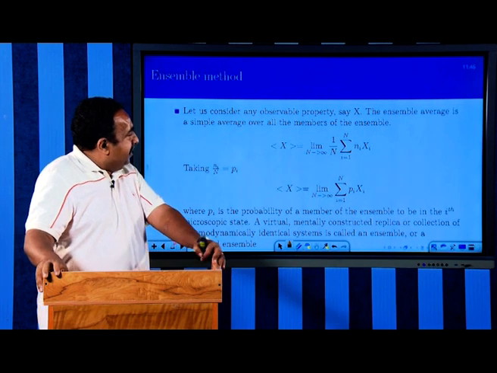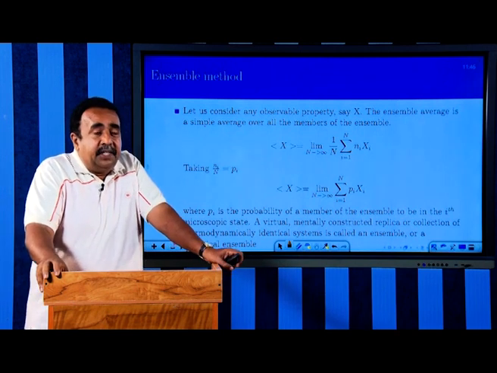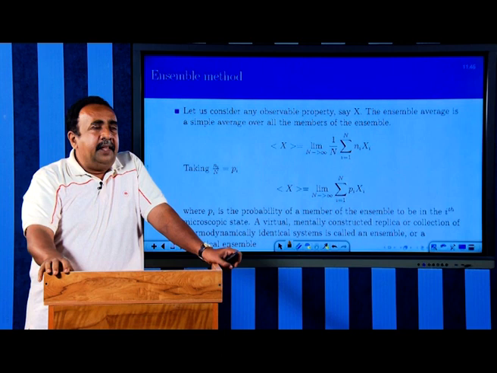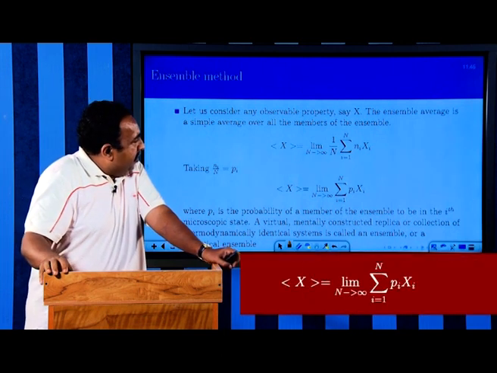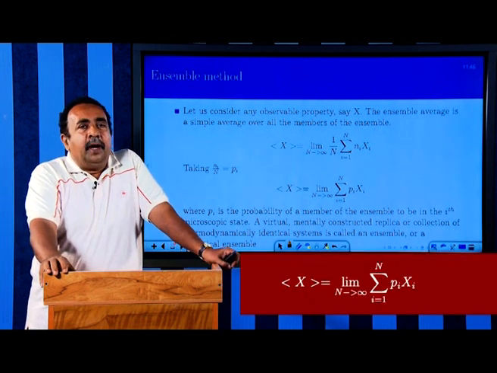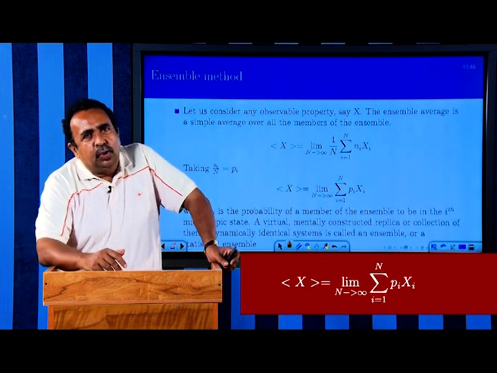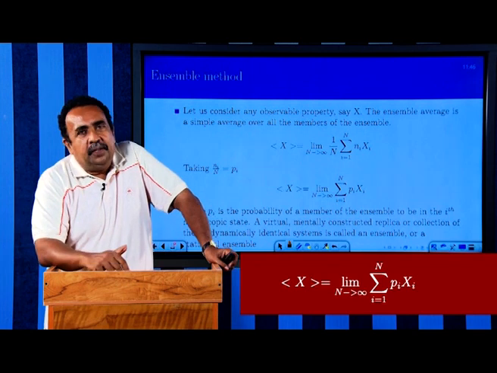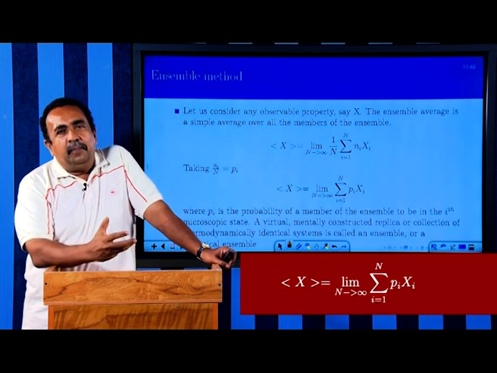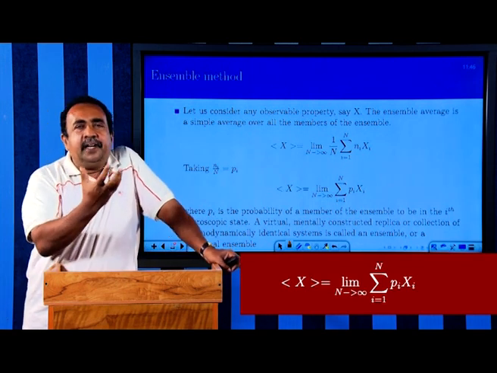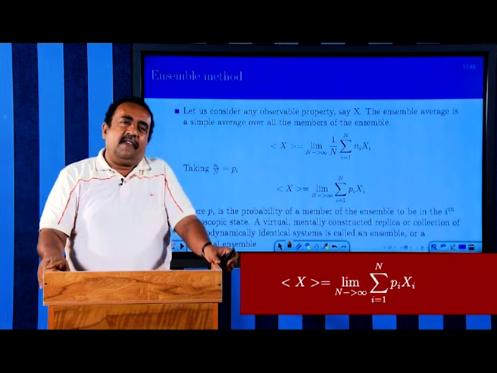That is, average x is equal to sum over i equal to 1 to n, pi xi. The only condition is that n must be very large. And the only thing that is needed is to know how to find this probability. To find the probability, Gibbs considered 3 different techniques.